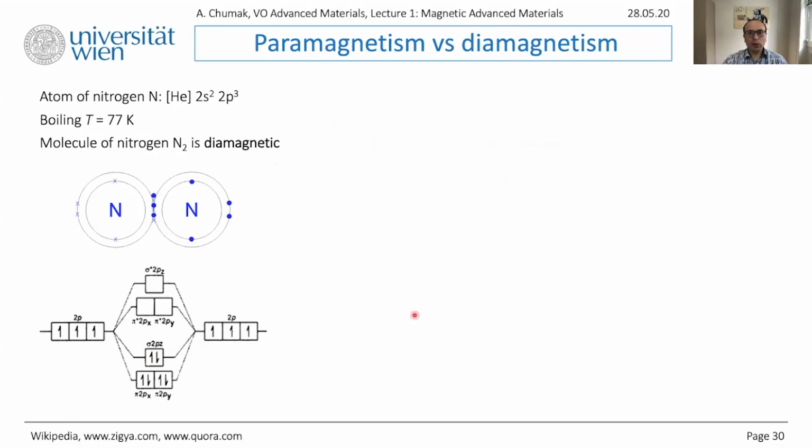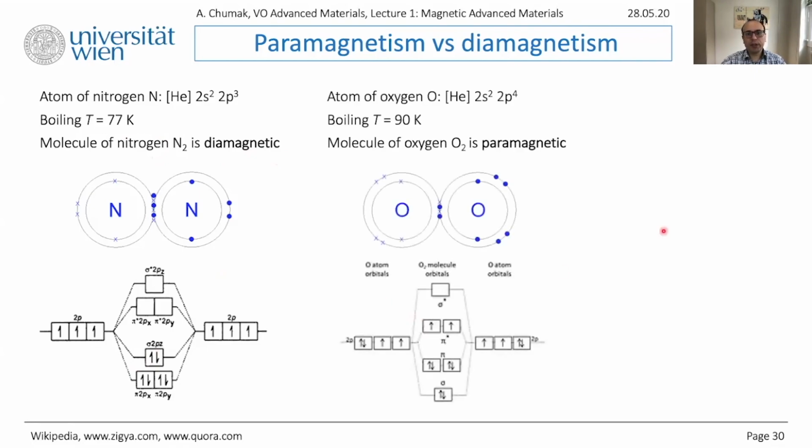Now let's have a look at oxygen. Oxygen has a very similar atomic structure, with the difference that here we have 2p4 instead of 2p3. It means that electronically you have 1 extra electron here. Then when you form an oxygen molecule, these 2 electrons will go up, and according to Hund's rule they will have the same spin.